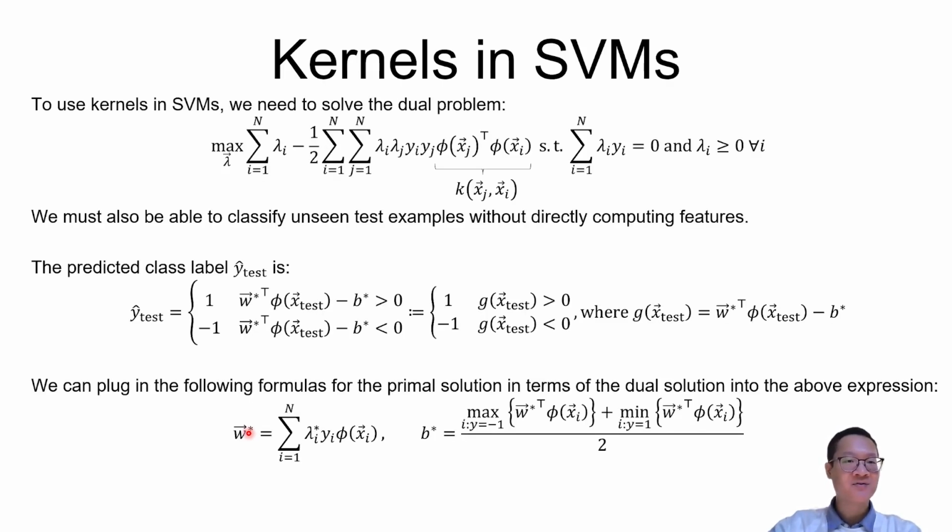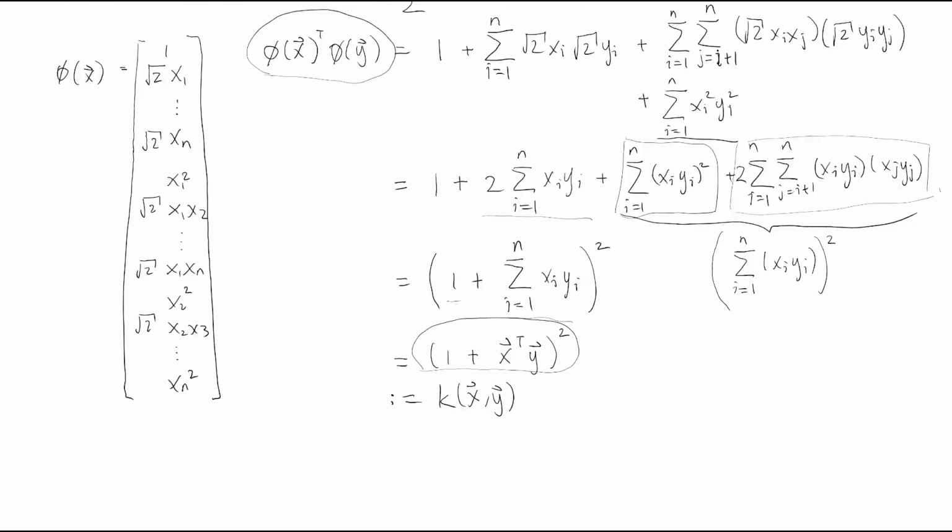Okay, so now coming back to kernels in SVMs. Let's take a look at the SVM dual problem, which is to maximize over lambda the sum of lambda.